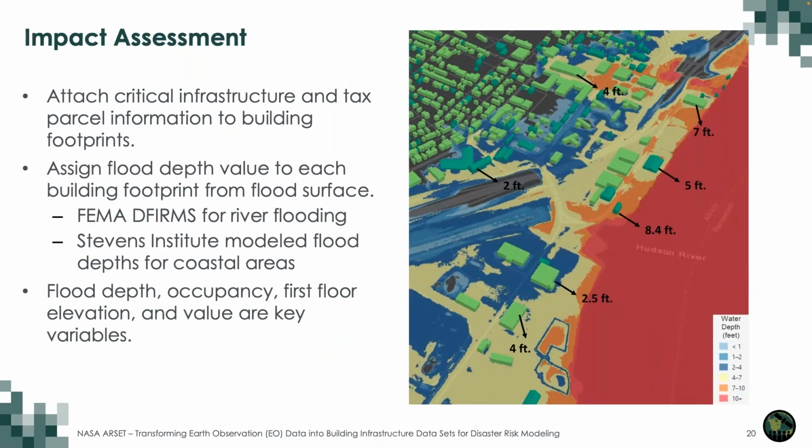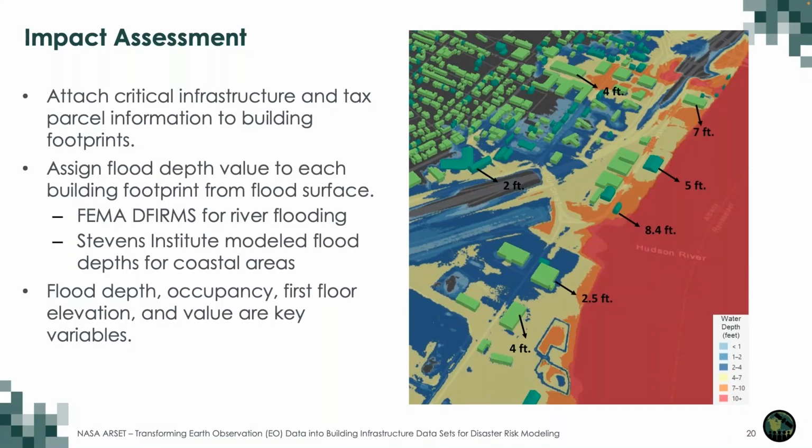Of course, each building now needs to get the flood depth. And so we used the Federal Emergency Management Agency, FEMA, DFIRMs, or digital flood information maps, for inland areas of New York State, that is riverine flooding. And they published two scenarios, the 500-year flood return period, or 0.2%, and the 100-year, or 1% probability in any given year of a flood.